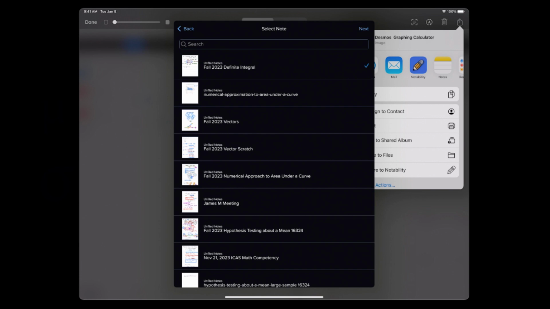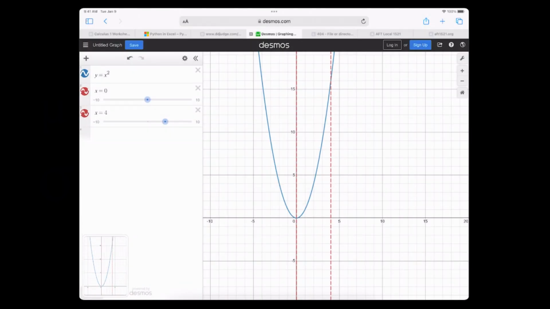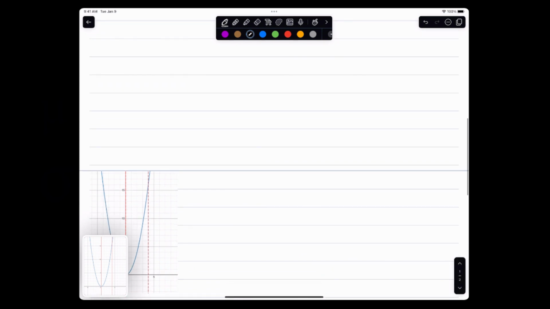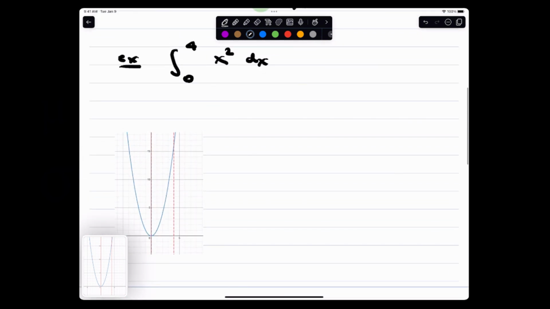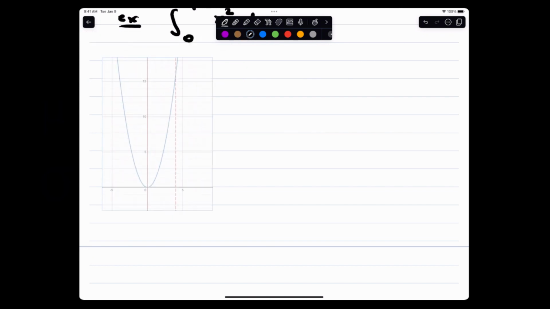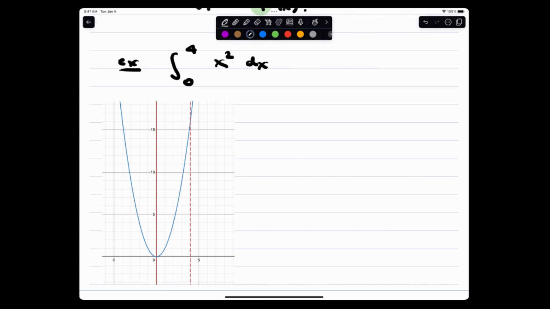I'm going to add the definite integral, just so you guys can see this here.